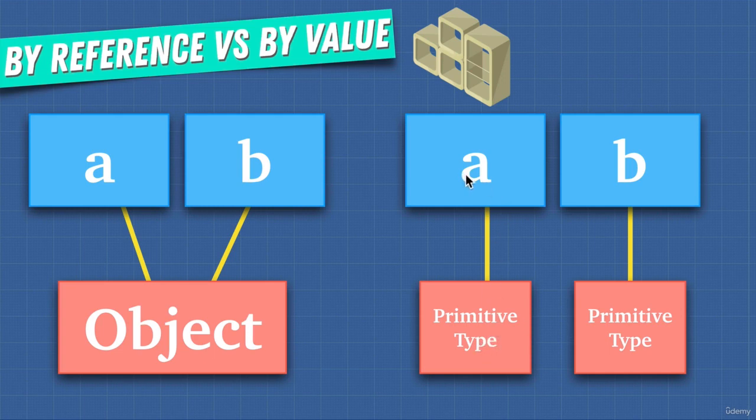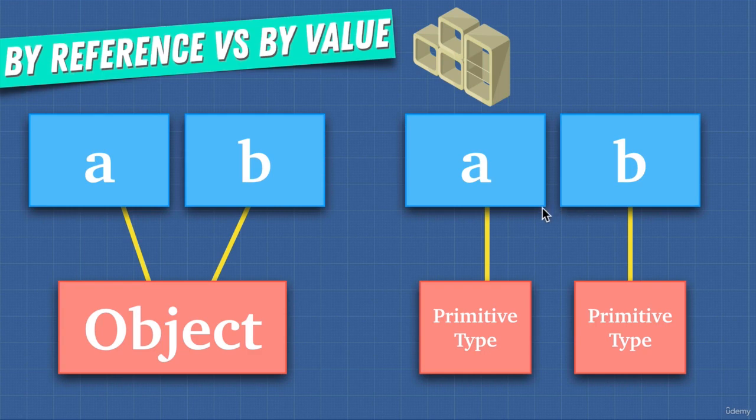When I assign variable a to 5, somewhere in memory, variable a is going to contain and reference the value 5. If I do variable b equals 10, again, same thing. And they don't really know of each other's existence.